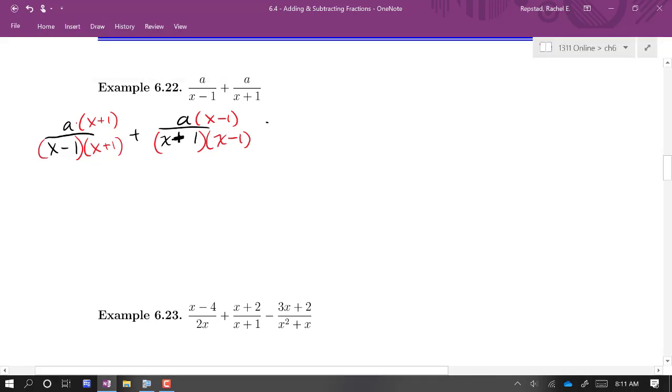Now the common denominator is the product x plus 1, x minus 1. And up top, I'm going to just perform the addition on these numerators. So I've got a times x plus 1 plus a times x minus 1.